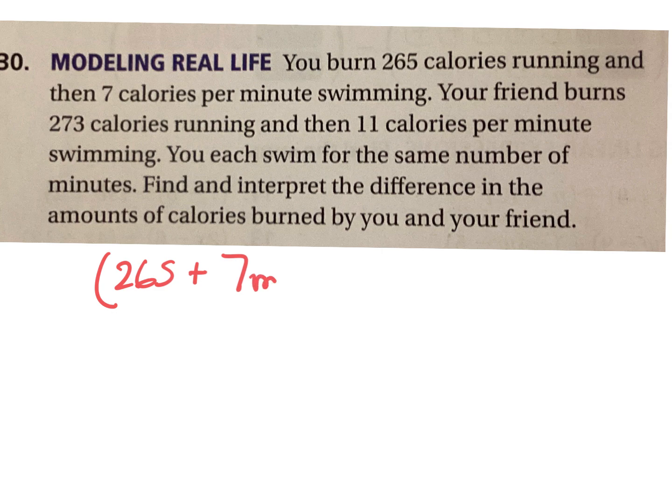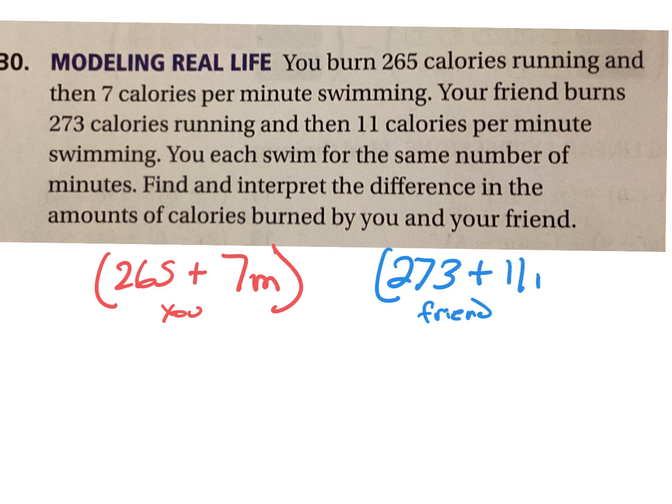I'll make that an m to stand for minutes. That's you. And then let's go for the friend. The friend does 273 calories and 11 calories per minute. Okay. You each swim the same number of minutes. Find and interpret the difference.